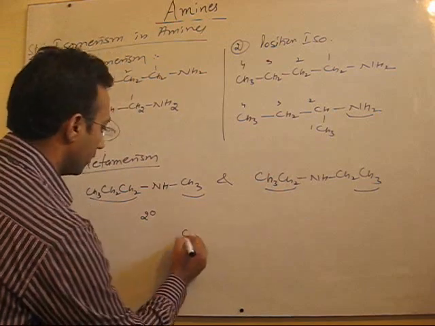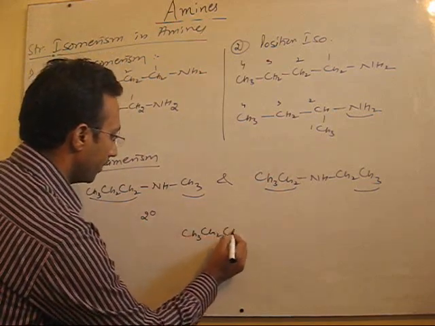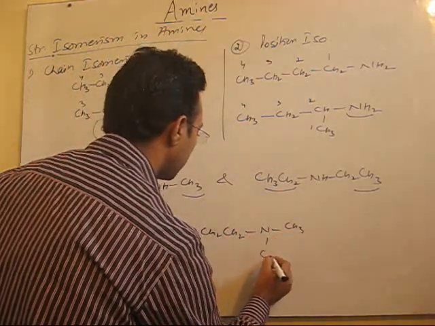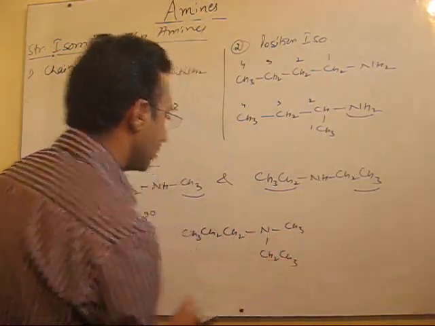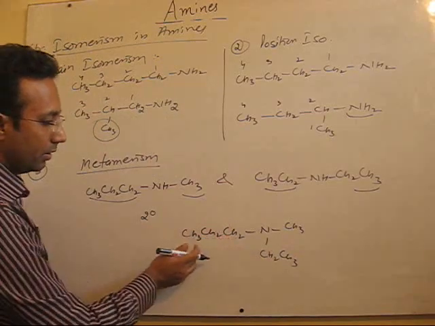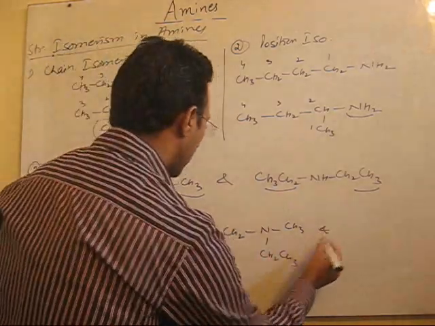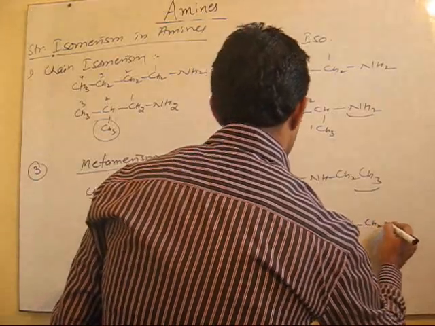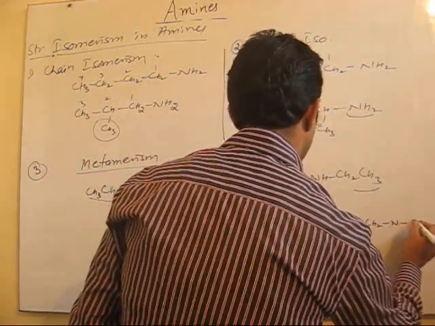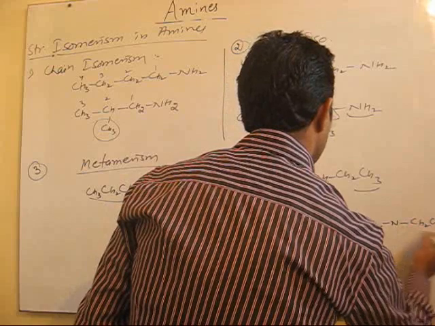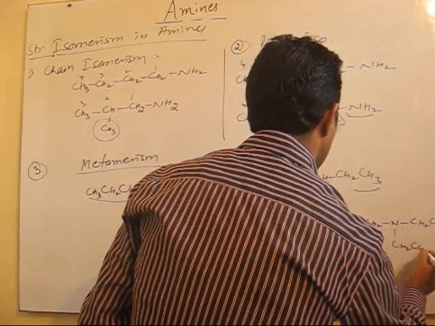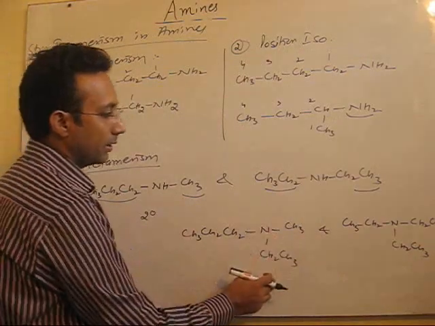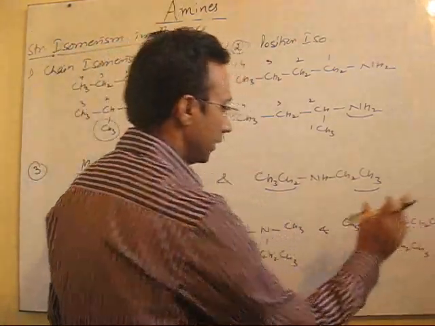Moreover, in tertiary amine we can also have, if you have a compound like this, fine, it is tertiary amine. So in tertiary amine, if I write its isomer, I can write it like this. Some groups are changed here. Fine. So you see, now the different groups are present here. Propyl, methyl and ethyl are present, but here only ethyl, ethyl and ethyl are present.